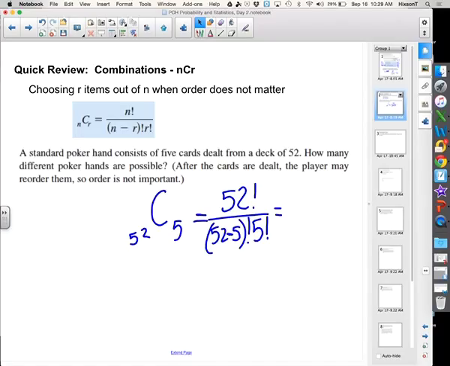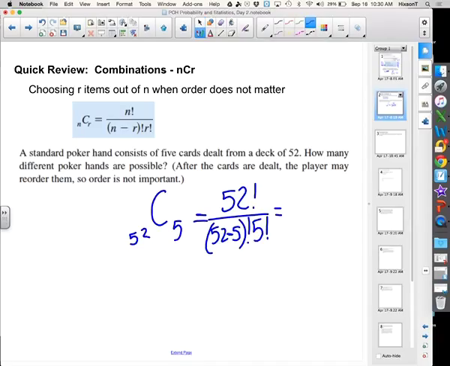If you go into math and scroll over to probability, and actually that's where permutation and combination is as well, you can do that and hit enter, you have 52, that, and then you put the 5 after.